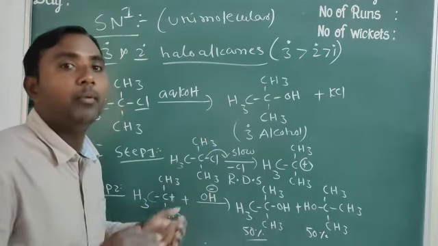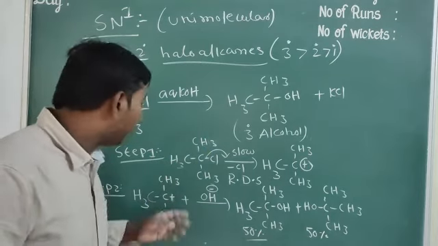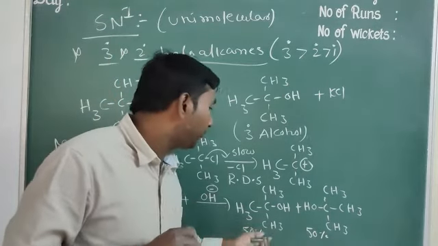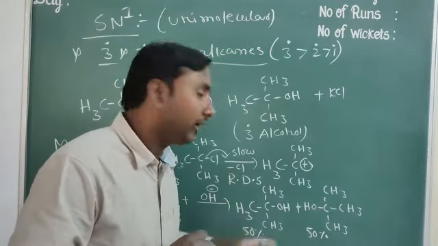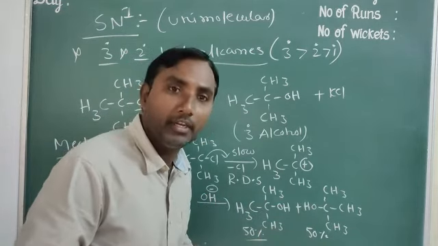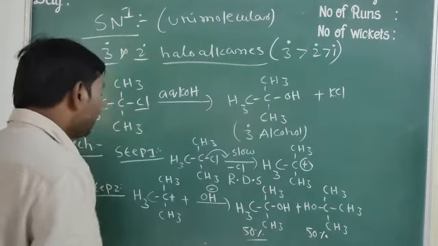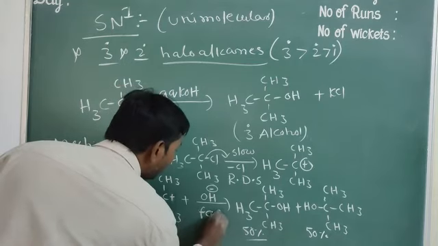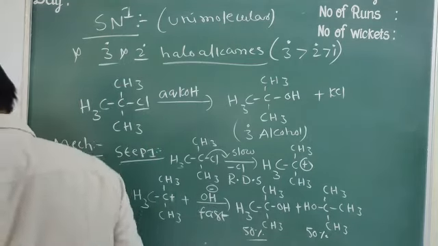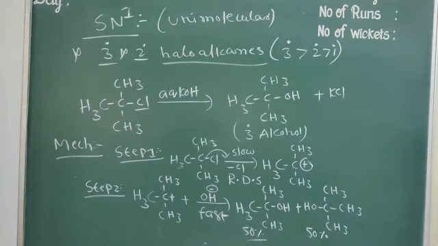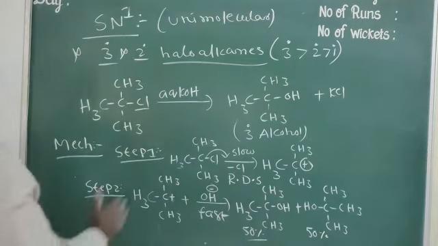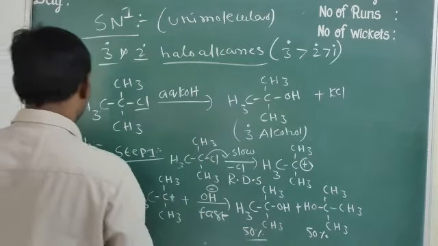The nucleophile's attack has two possible directions, right side or left side, so the SN1 product forms as 50%, 50% products. That's why the second step is called the fast step. This is the SN1 mechanism.